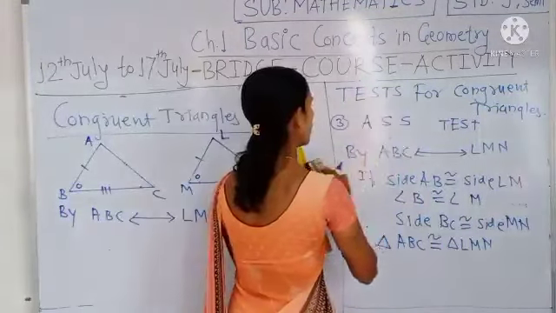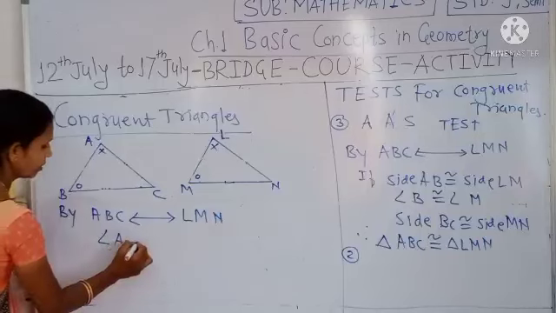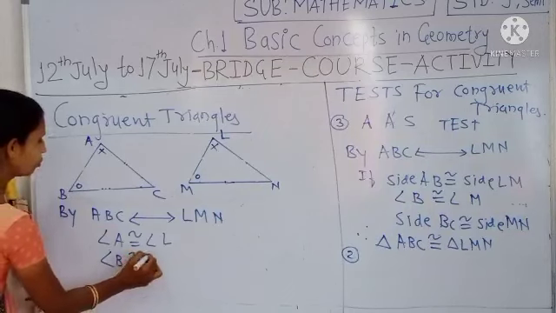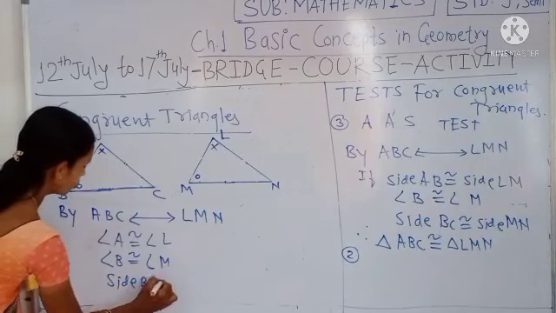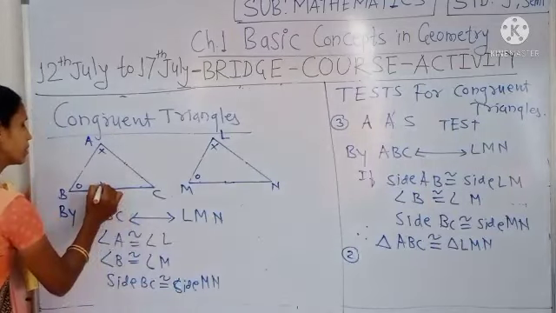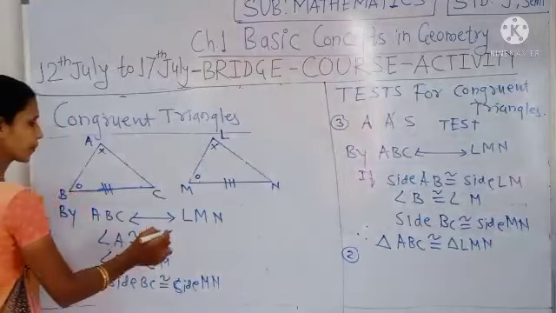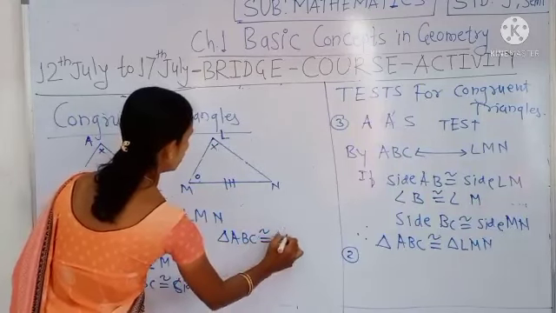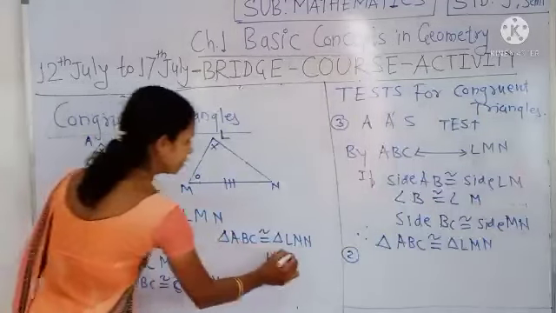Then the AAS test. Here angle A is congruent to angle L, angle B is congruent to angle M, and side BC is congruent to side MN. Then triangle ABC is congruent to triangle LMN by the angle angle side test.